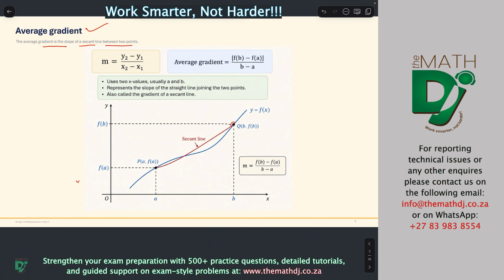You're drawing 2 points, this one and this one, then you join them. That is the secant line. It is the average gradient between these points. Remember, this blue line is curving like this. The secant line gives you the average gradient between those 2 points.